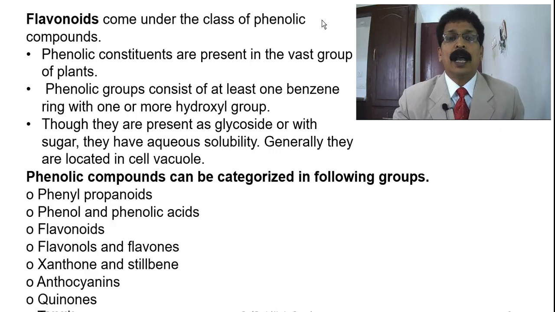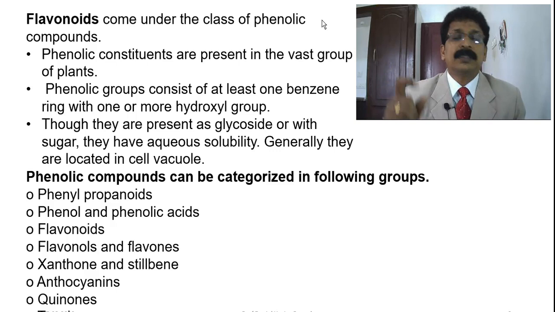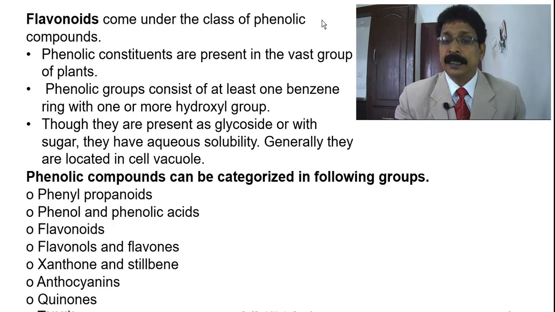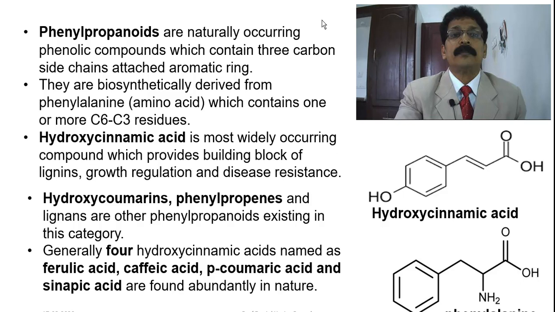Phenols and phenolic acids, flavonoids, flavonols and flavones, xanthones and stilbenes, anthocyanins, quinones and tannins. As I told, tannin also comes under these phenolic compounds because it also has many OH groups present on the benzene rings.